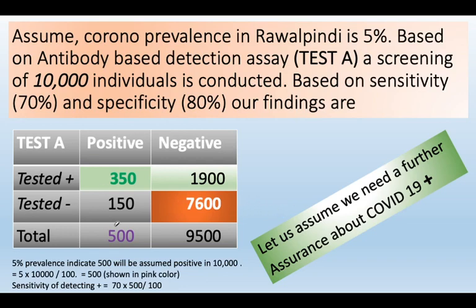So let's focus on the 350 true positives, plus the 1,900 that the test may have declared as false positive for COVID-19. So we do an additional screening for the positive declared samples. Have you understood this point? 350 plus 1,900. For these samples, we go further for an additional screening.